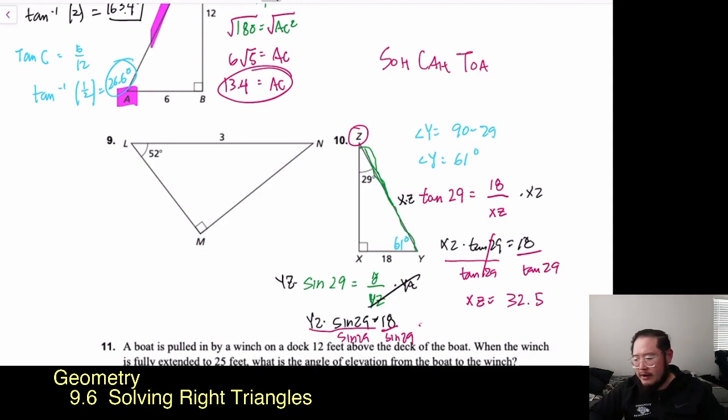And that right there is the length of YZ. All right? But like I said, you could have also used angle 61, except you would be using the cosine function right there to find the hypotenuse. All right? And there you have it.